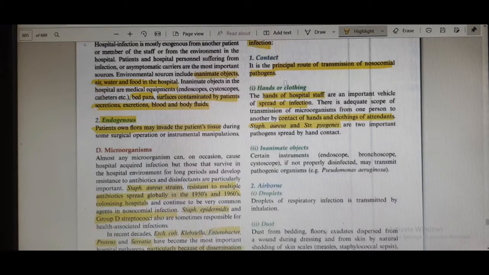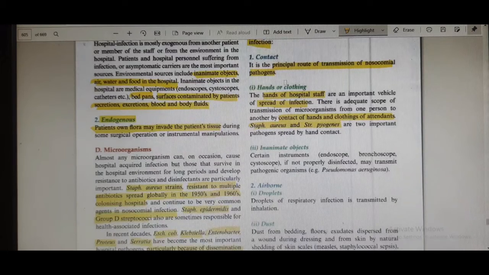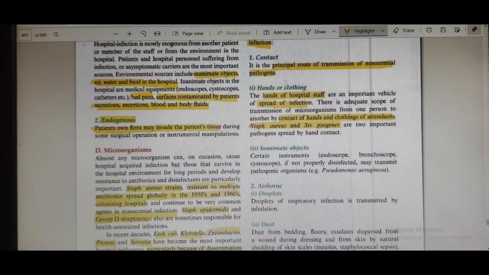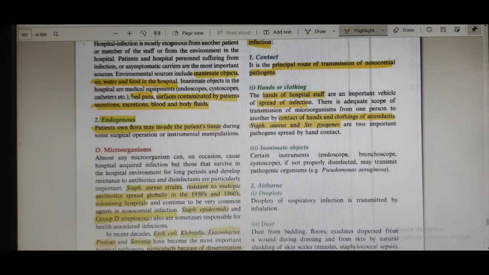These are the different vehicles of spread of infection. Usually two types of pathogens cause hand contact infections, Staphylococcus aureus and Streptococcus pyogenes.